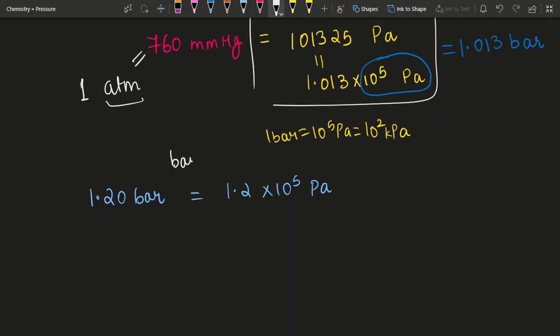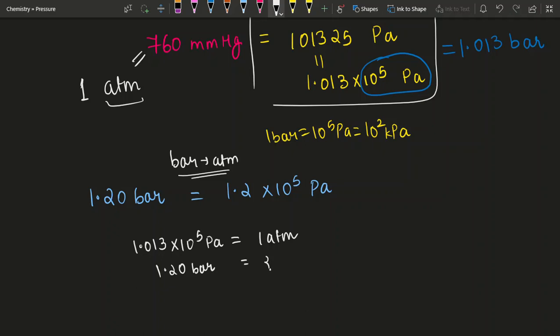I forgot to mention the problem, so you have to convert bar into ATM. So we do know that 1.013 into 10 to the power 5 pascals is equal to 1 ATM. So 1.20 bars would be equal to what?